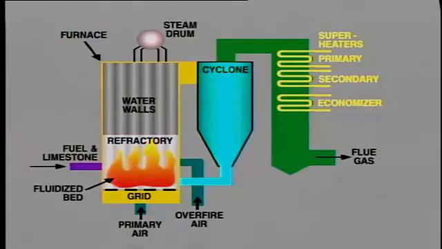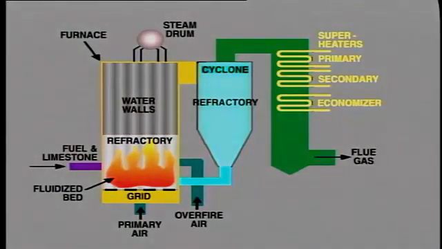The cyclone is also lined with refractory, as the gas temperature here is in the region of about 1500 degrees Fahrenheit. We do not want to lose any heat in this area because the hot gases themselves go on to provide heat to the superheater. Solid materials are fed back into the furnace.